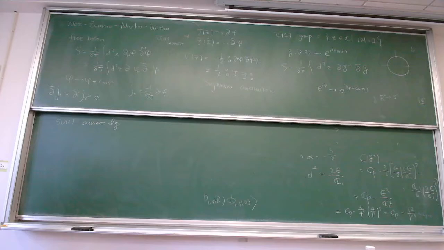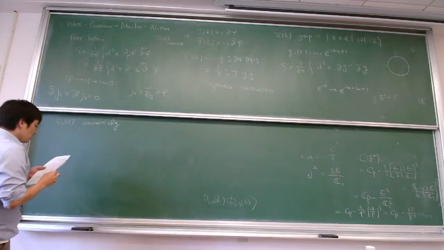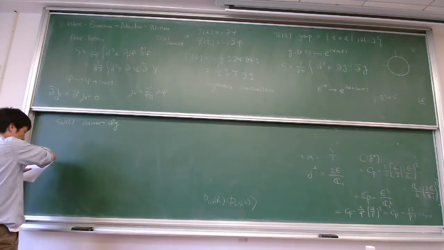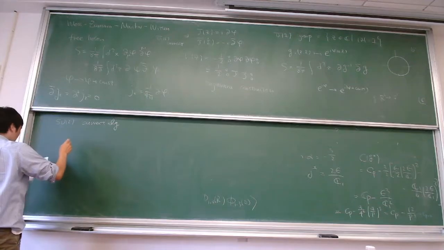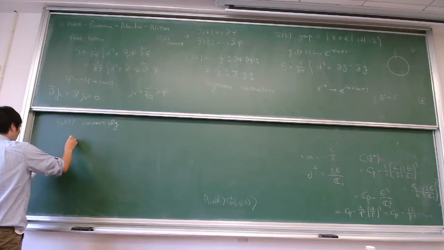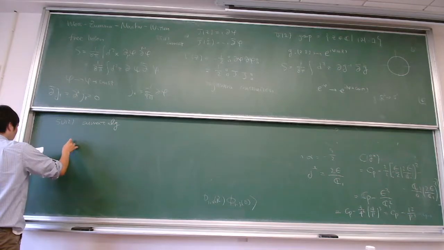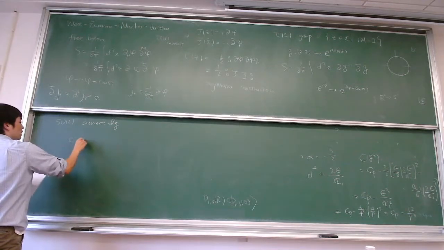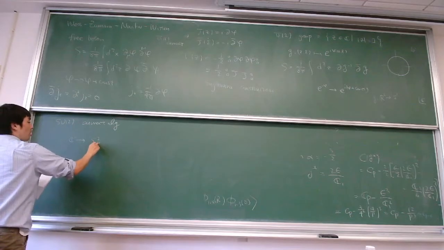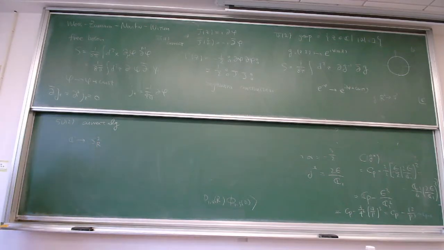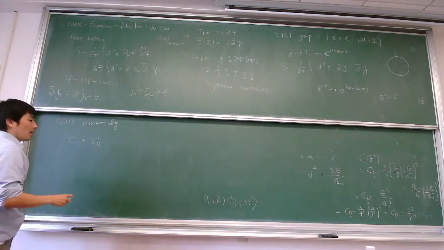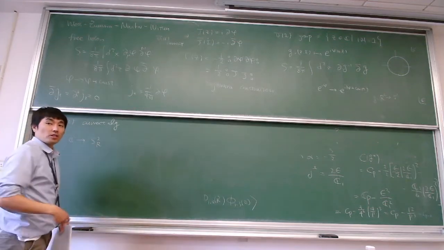Okay. So we know that we consider the map from C to S1 with radius R. So we just consider this case, and you guys just do the homework.